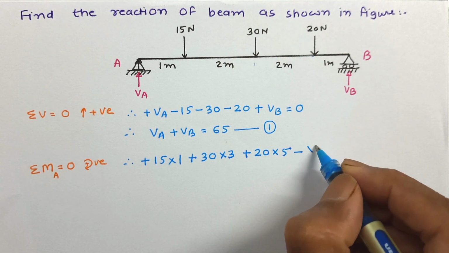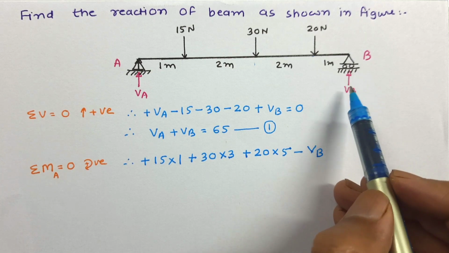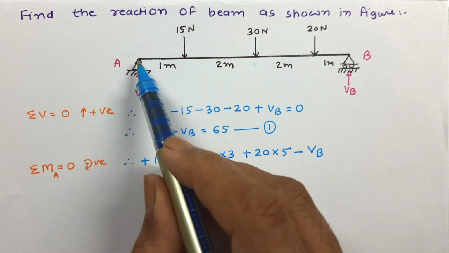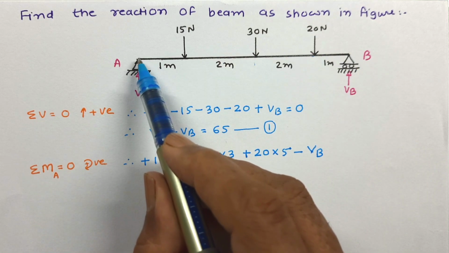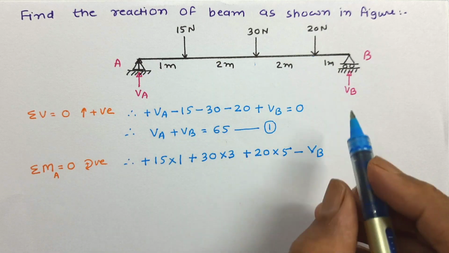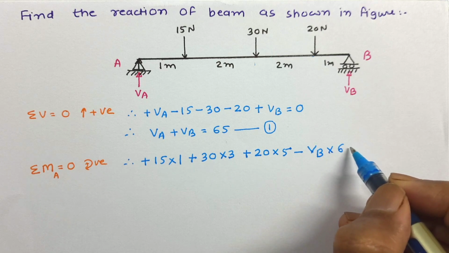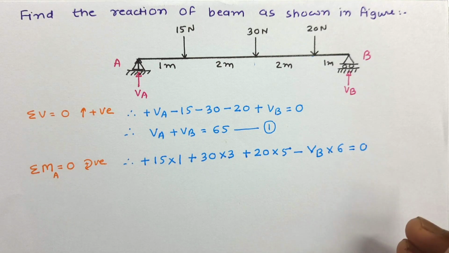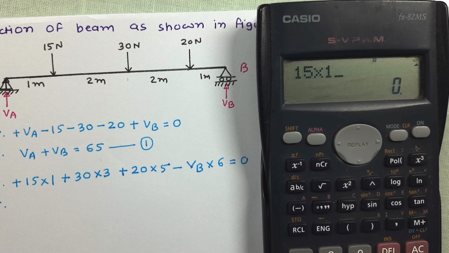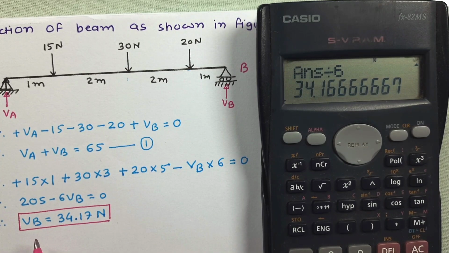The distance between the line of action of the force acting at B and the point where we work out moment is the total span of the beam, that is 2 plus 2 plus 1 plus 1, so it will be 6 meter, and this algebraic sum is 0. So now let us calculate VB. Simplifying it, we have got VB equal to 34.17 kilonewton.